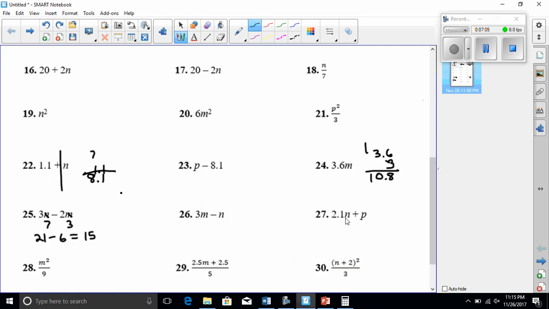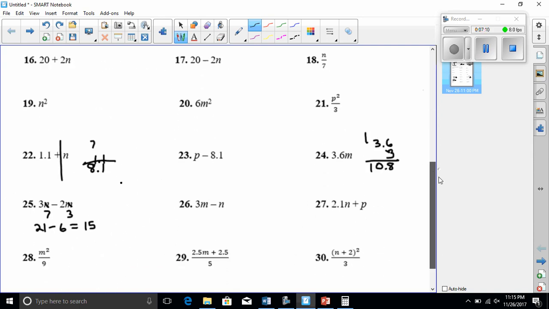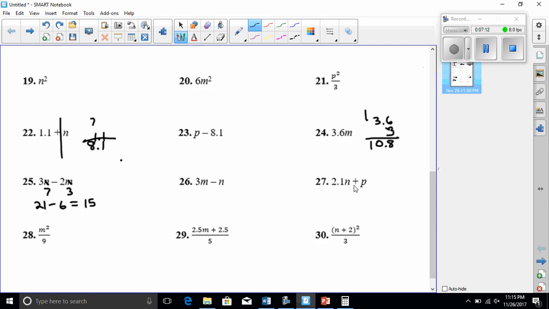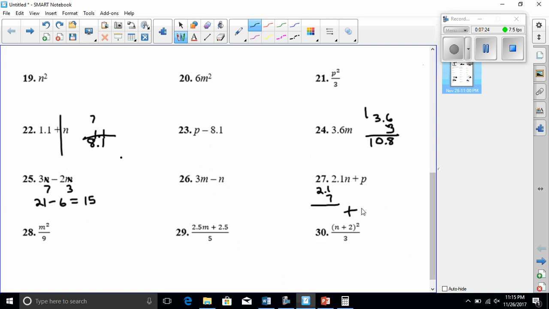Over here we got 2.1n, and remember n was 7. So that's going to give us 2.1 times 7. That answer plus p, remember p is 9. That answer plus 9 is going to give us the answer to our problem.